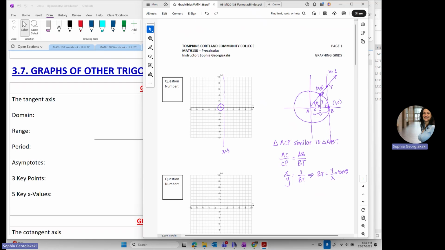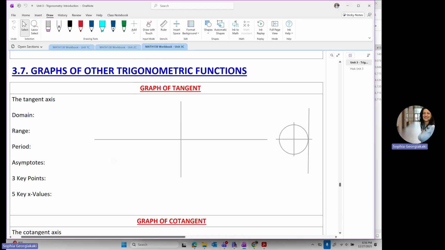So actually, when I am on a unit circle and I have a random rotation theta, a random angle theta, if I extend the terminal side, the coordinate on the vertical number line, the tangent number line, this is the tangent axis, that length, assuming that this is the 0 of that axis, will equal the tangent of theta.